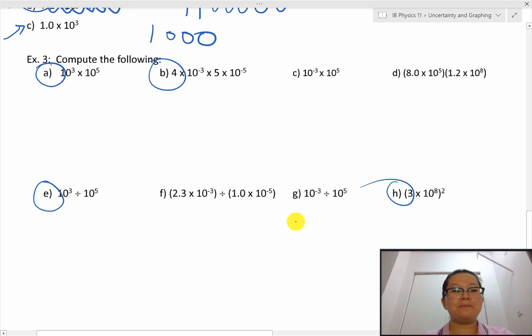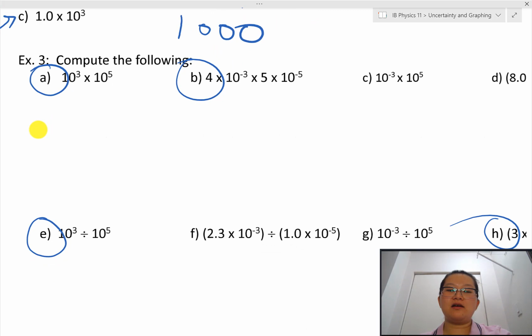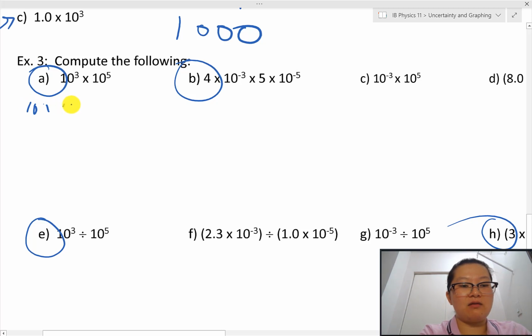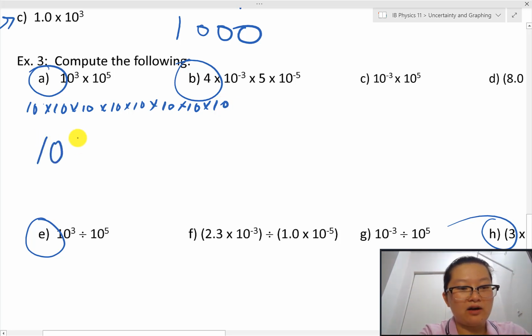I have 10 to the power of 3 times 10 to the power of 5. What that really is, I have 3 10s multiplying each other, and then I'm going to multiply 5 more 10s. So 1, 2, 3, 4, 5. If I count all the 10s up, that's going to be 8. 10 to the power of 8.